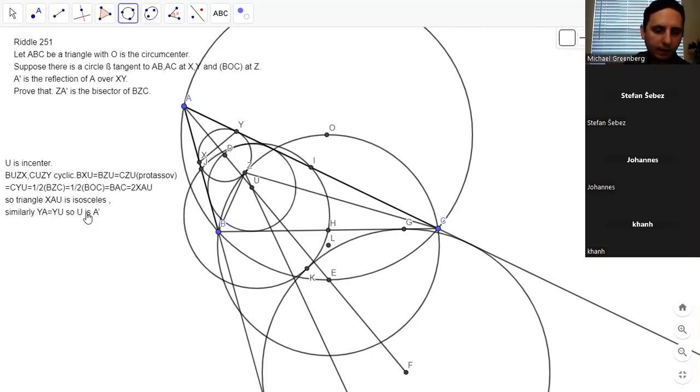I'm wondering if we even need Protassov. Well, we need to know that this is cyclic and then it follows quickly. But I think this does it, right?